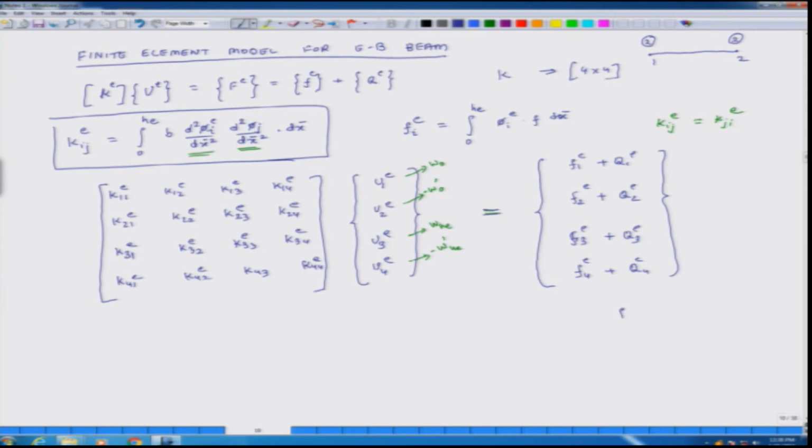Here F1 and F3 represent shear forces at specific nodes due to distributed load Q. And F2 and F4 represent bending moments, again due to distributed load, at the nodes.